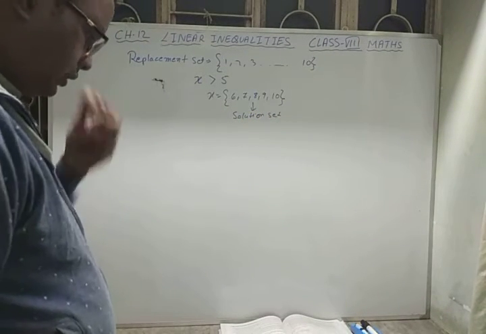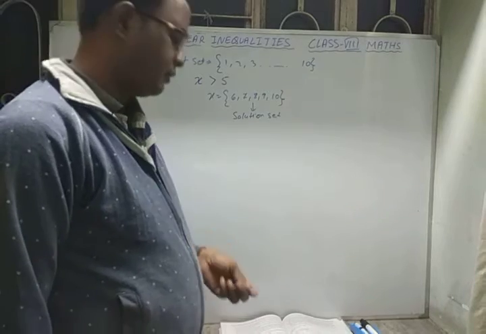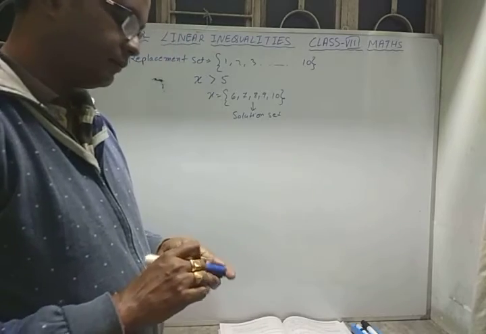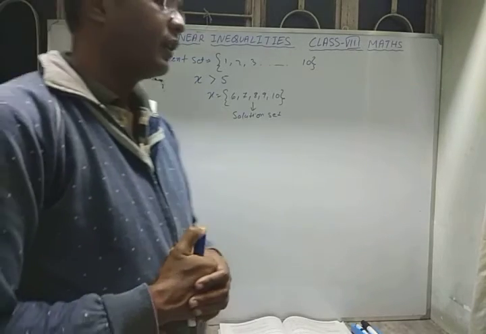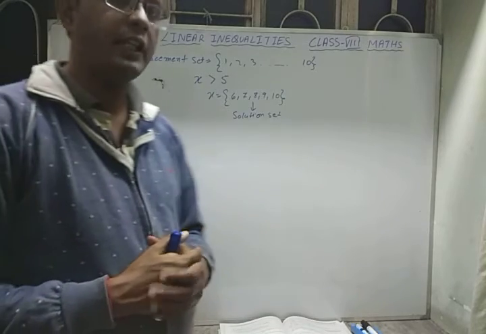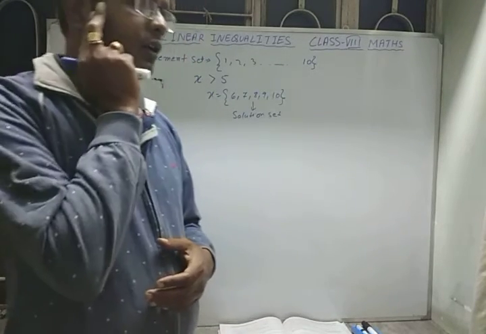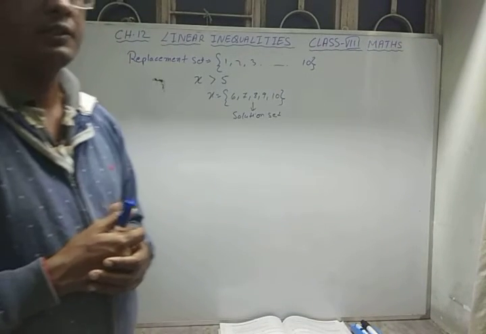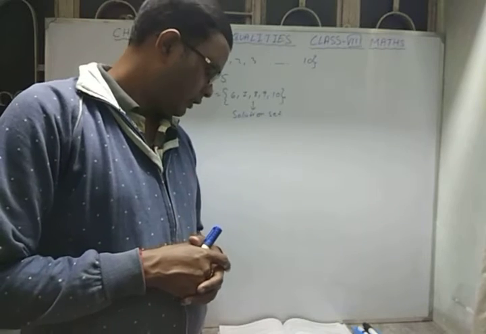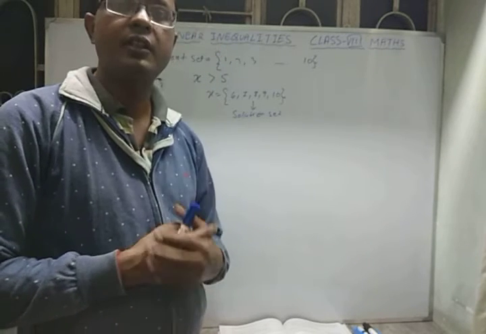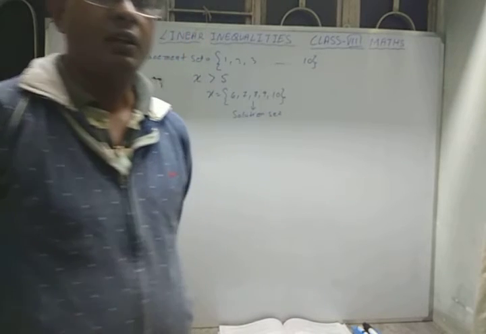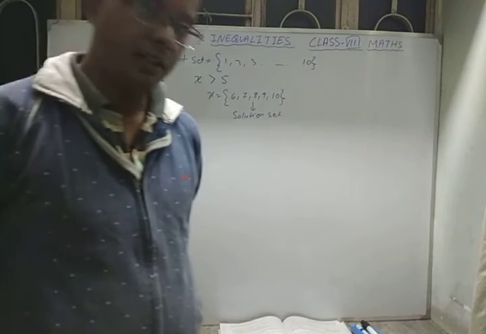Now after this we have to do a few questions in this chapter. While solving linear inequalities, we have to follow three properties. First is addition and subtraction: we can solve linear inequalities by adding and subtracting a number on both sides. Then multiplication and division: multiplying and dividing a number on both sides is another property.